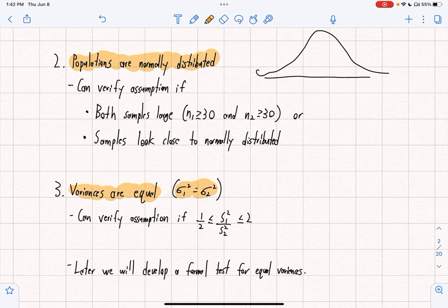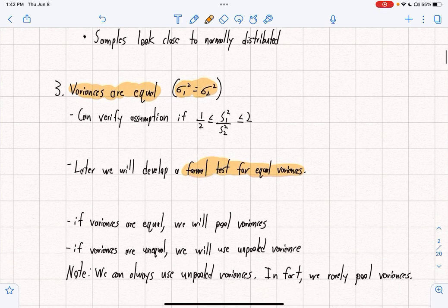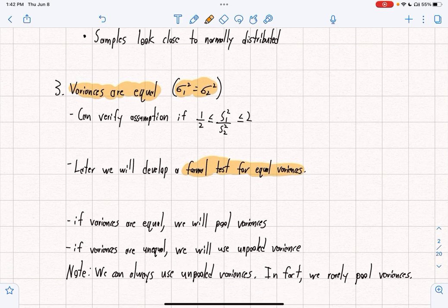And at the end of this chapter, we'll actually perform a formal statistical test to test for equal variances. And what we're going to do is, if we see that the variances are equal, then we're going to pool the variances. But if the variances are unequal, then we're going to use an unpooled variance.